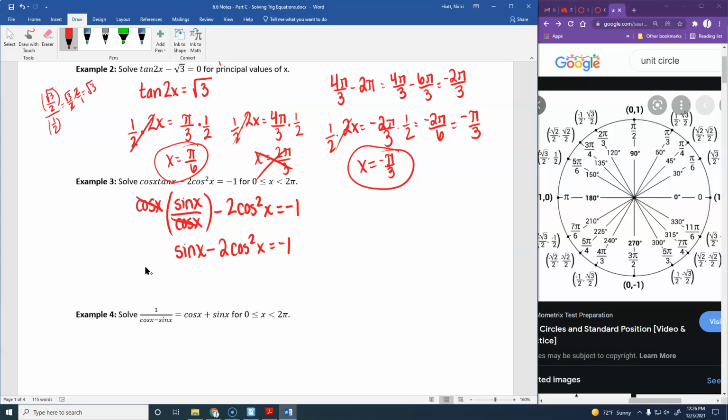Almost. This 2 right here is going to stay right here, and then we'll have a 1 minus sine squared. So don't put the 2 over here with the sine. Just replace this part right here with 1 minus sine squared x. Yes?